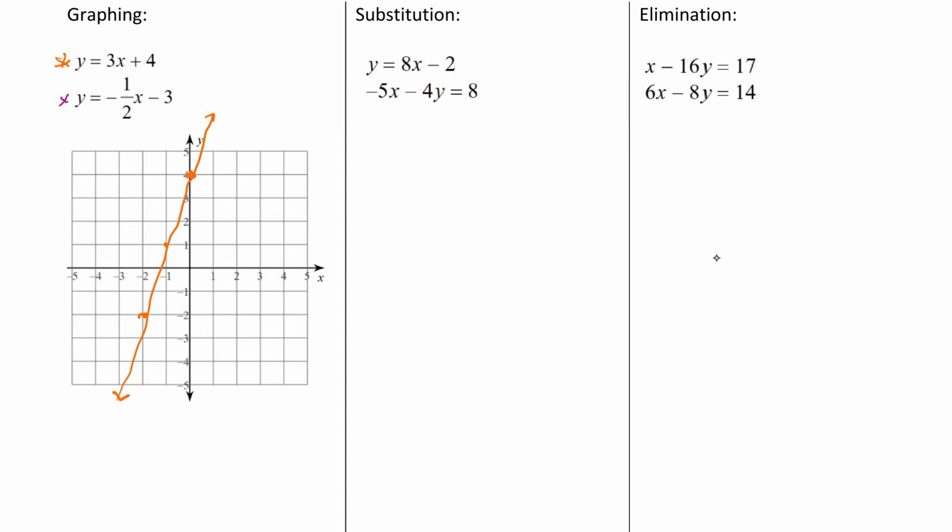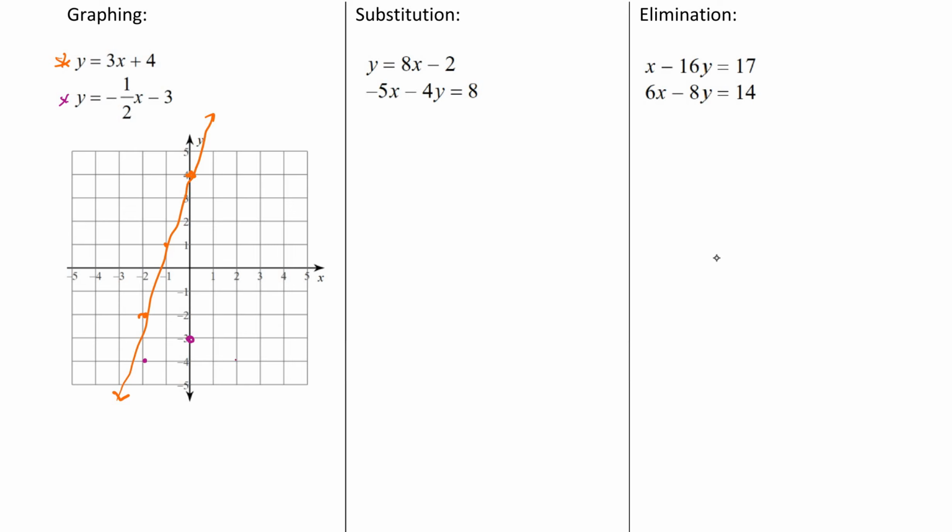Then the second line is the y-intercept is -3. And the slope is -1/2. So I can go down 1 and to the left 2. Nope, sorry.